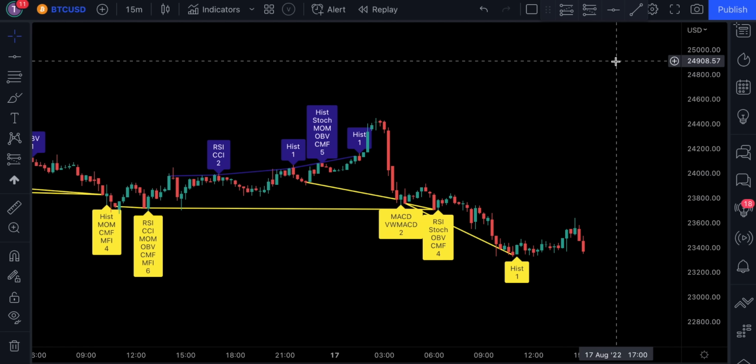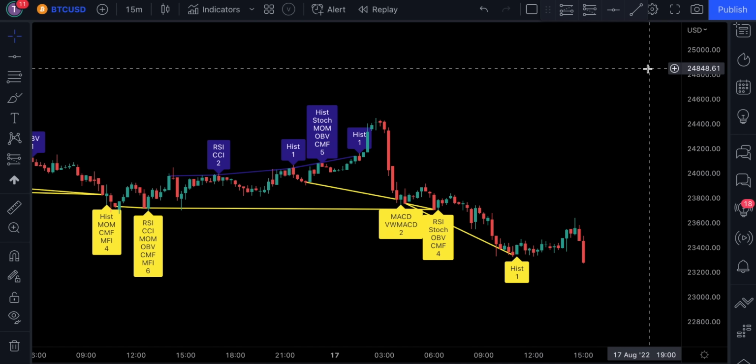It checks following divergences for 16 pivot points, that is in the last 100 bars for each indicator. For positive divergence, it first checks if closing price is higher than the last closing price and the indicator value is higher than previous value. For negative divergence though, it first checks if closing price is lower than the last closing price and indicator value is lower than previous value.